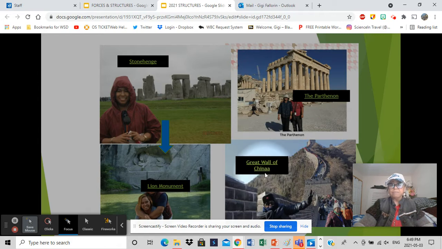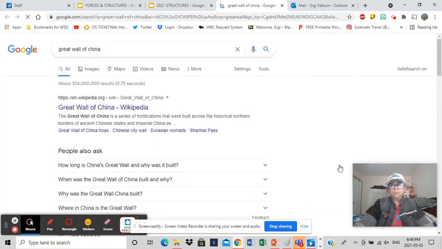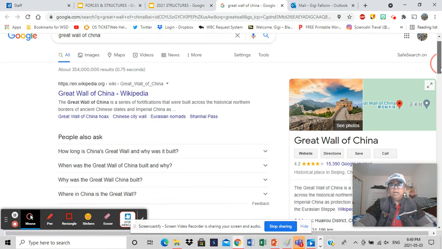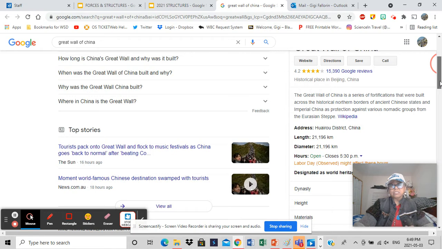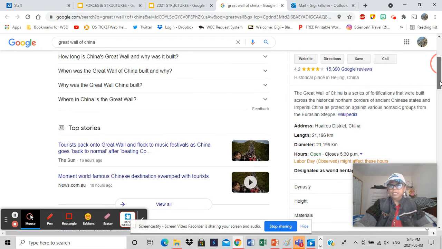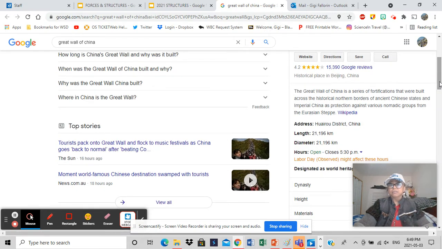Mass structures that you might be familiar with would be the Great Wall of China, right? You can really scale up through the heights of the wall, and it's fascinating to see how people built the walls with their own hands.